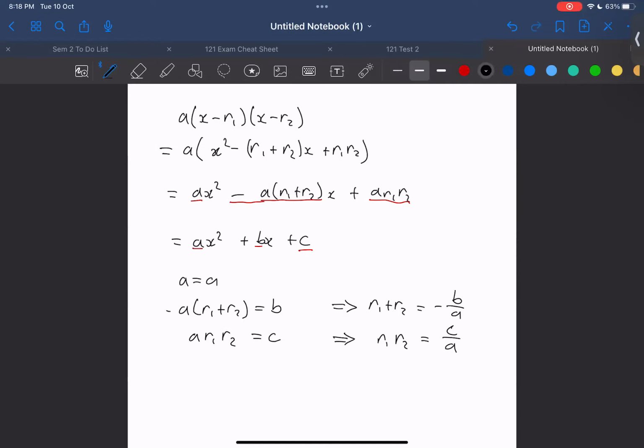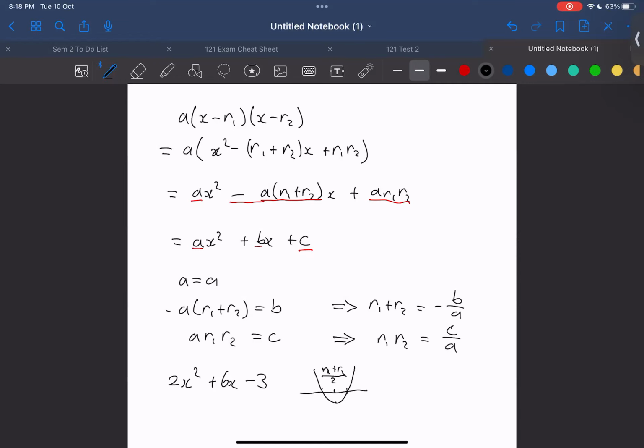Actually, let's go back to our previous example where we were trying to find the minimum of 2x squared plus 6x minus 3. And we said that the vertex here is the middle, the x-coordinate is between the two roots, which is (r1 plus r2) over 2.